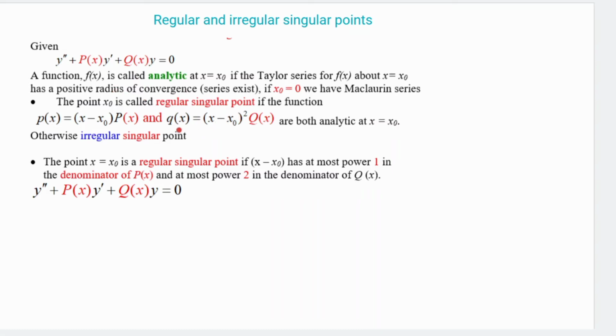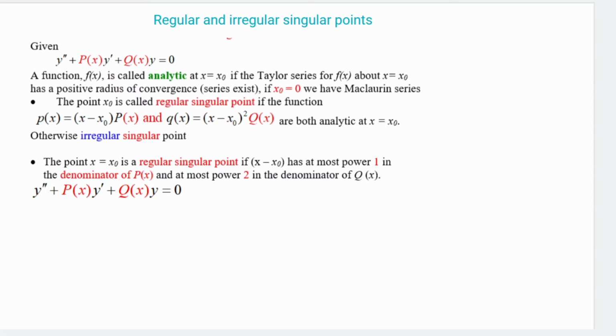After that, if both the new p of x and new q of x are analytic at x naught, that means they will be defined when you take the limit x goes to x naught, we call these regular singular points. Otherwise the singular points will be irregular.